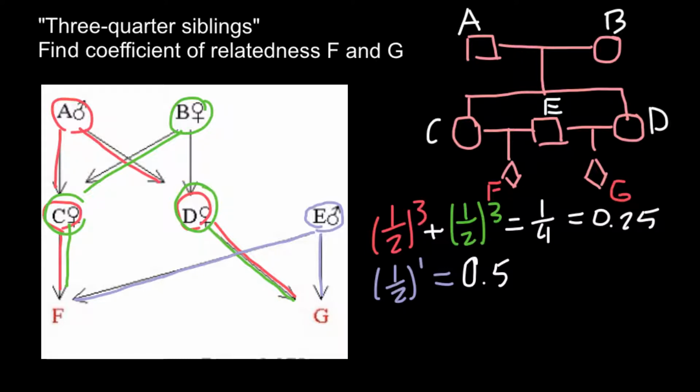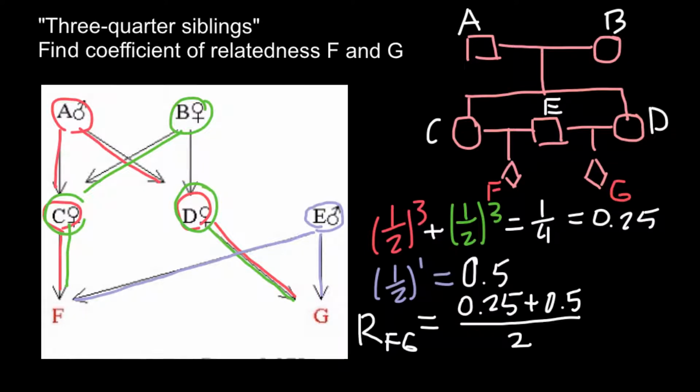Now there are two variants of calculations. One is called the mathematical method, to find a mean between these two numbers, because the relationship also has to be somewhere in the middle between these two numbers. The mathematical coefficient of relationship between F and G would equal 0.25 plus 0.5 divided by 2.